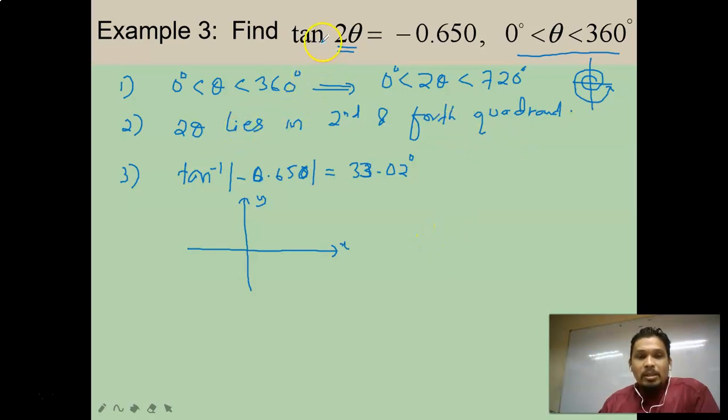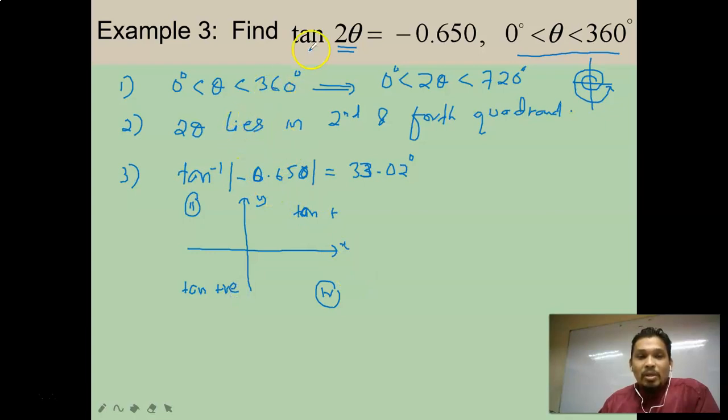Now, tangent of 2 theta equal to negative. Negative means that it lies in the second quadrant and fourth quadrant, because in the first quadrant tangent is positive, and also in the third quadrant tangent is positive.